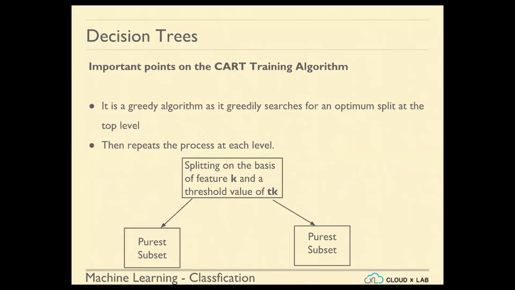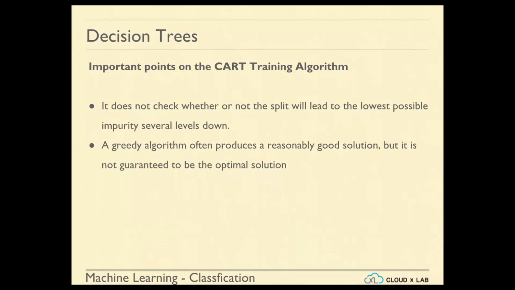While prediction is really fast because it has to just keep on going down the tree, training might take some time. So it's a greedy algorithm, so basically it does not check whether or not a split will lead to the best result.